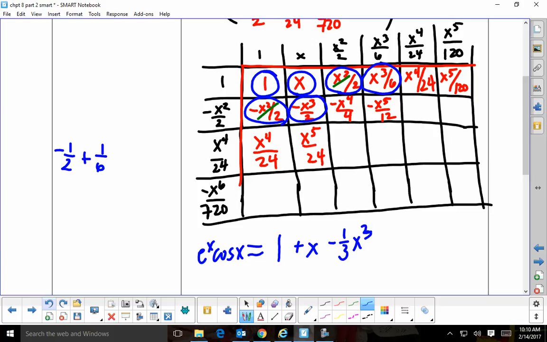Okay. And then I'm going to take the powers of 4. So that one, that one, that one. Again, I'm going to do 1/24 minus 1/4 plus 1/24. And you all do that out. You can practice your fractions.